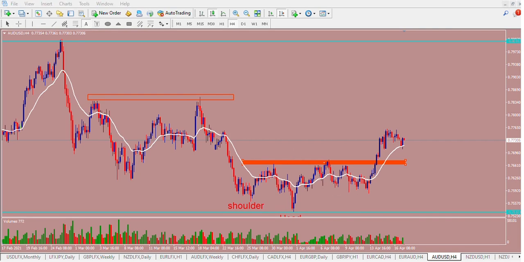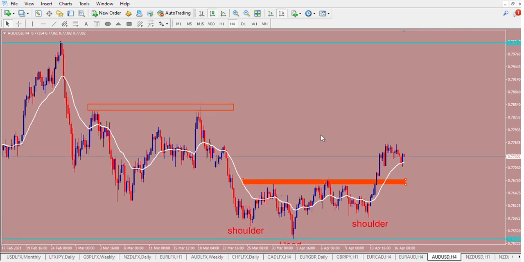Well, that was why I sent the assignment: analyze AUD USD for me, and few of you did this, and those who did it did it very well. Now this is the head and shoulder, as you can see.